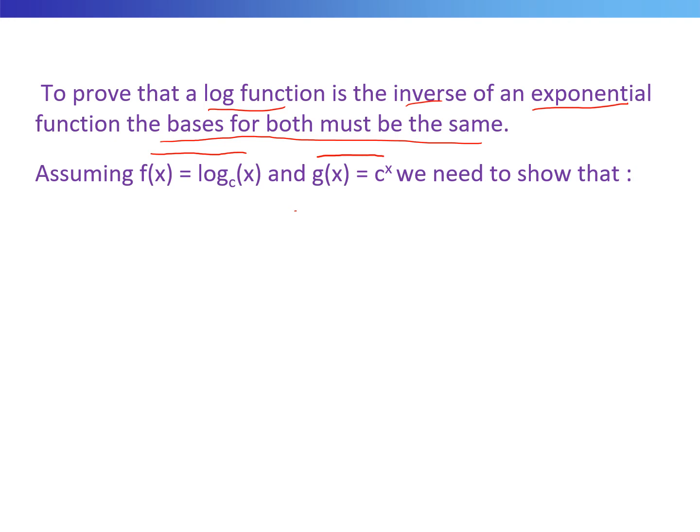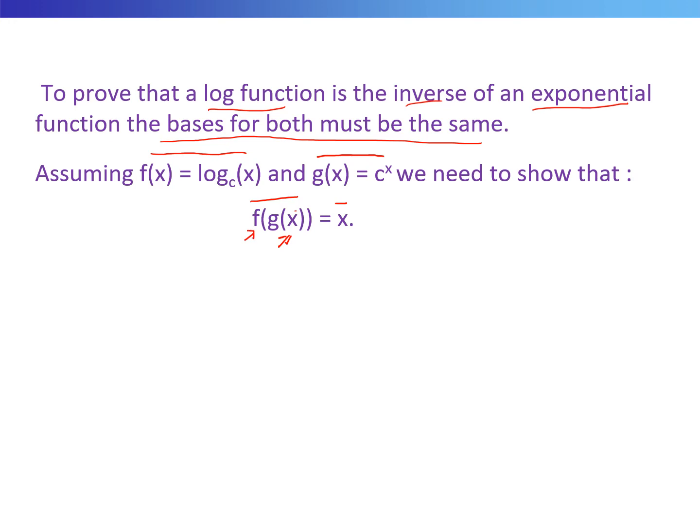We need to show the following to prove that they are inverse of one another. We need to show that f of g of x is equal to x. That means whatever g of x did on x, f is going to come and undo it, and we get x back.